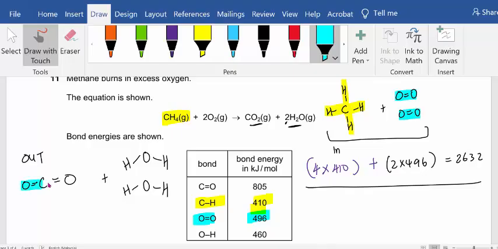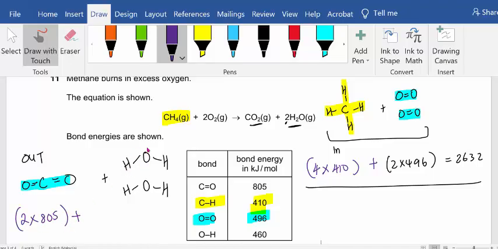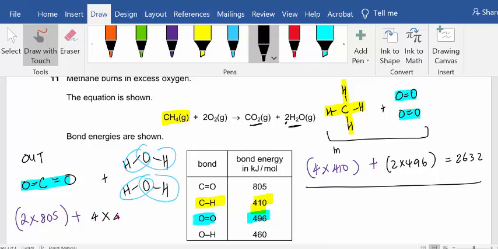So 2 times C=O 805, plus 4 O-H bonds, multiply 460. So 2 times 805 plus 4 times 460 is 3450.